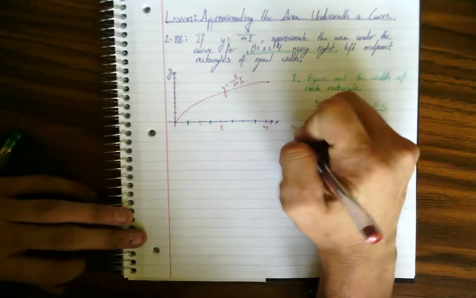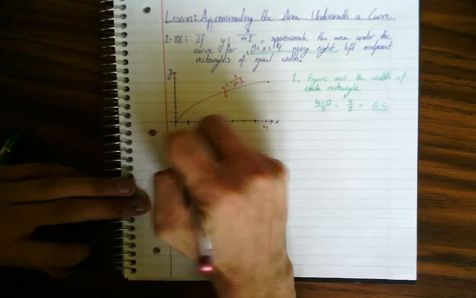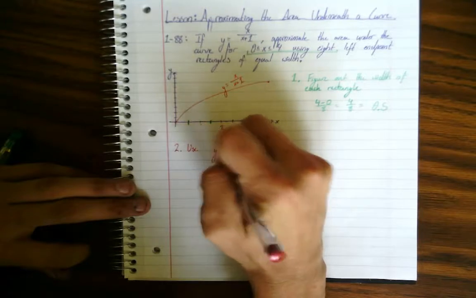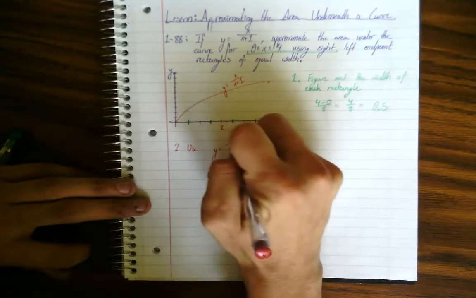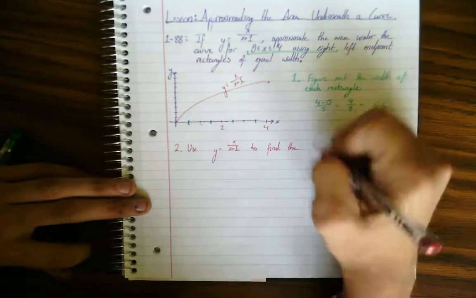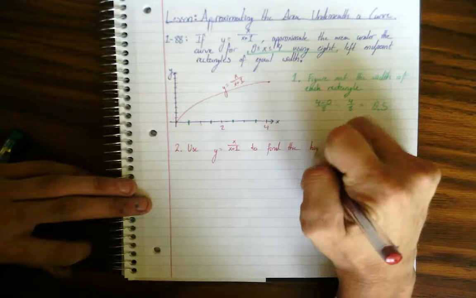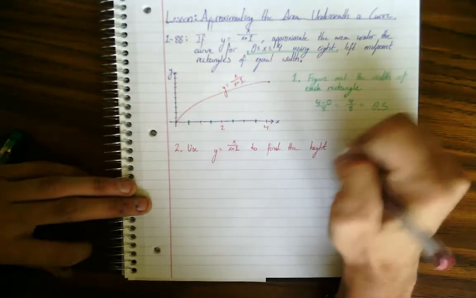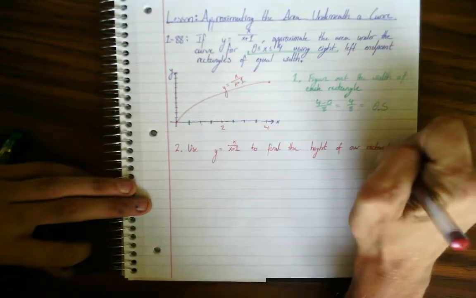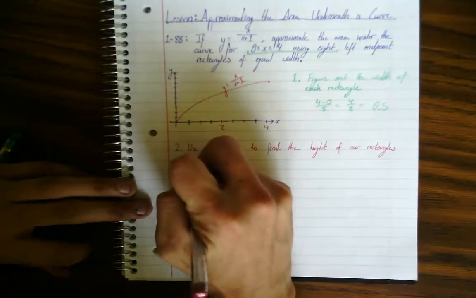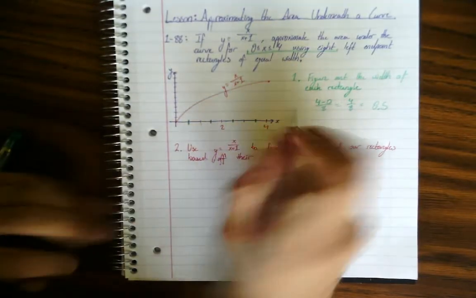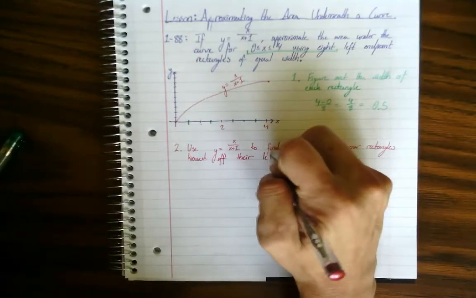What we want to do is use y equals x over x plus 1 to find the height of our rectangles based off their left corner.